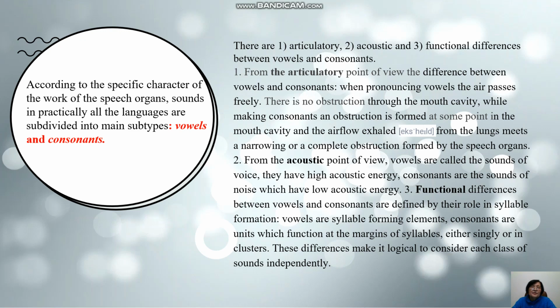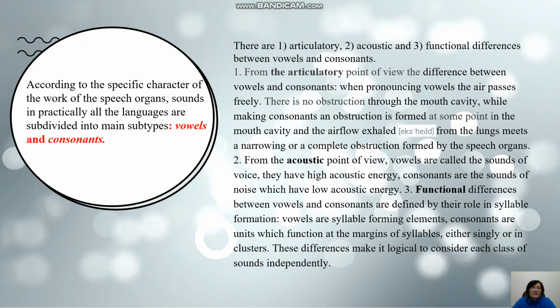From the acoustic point of view, vowels are called the sounds of voice. They have high acoustic energy. Consonants are the sounds of noise, which have low acoustic energy. Thirdly, functional differences between vowels and consonants are defined by their role in syllable formation.